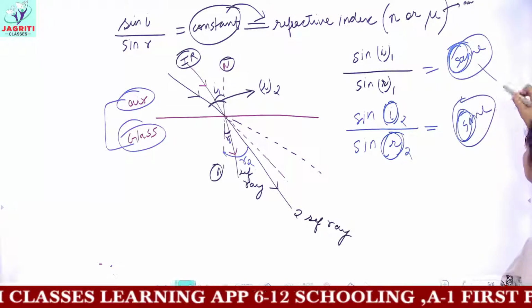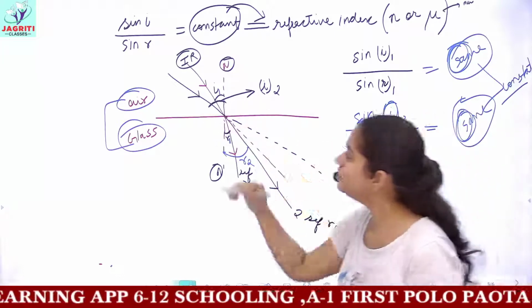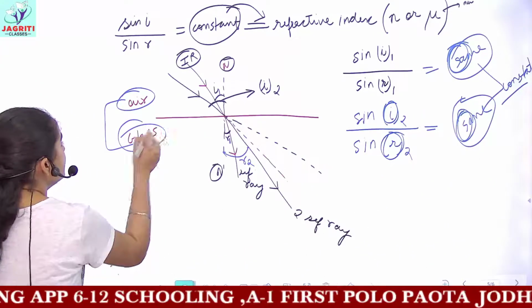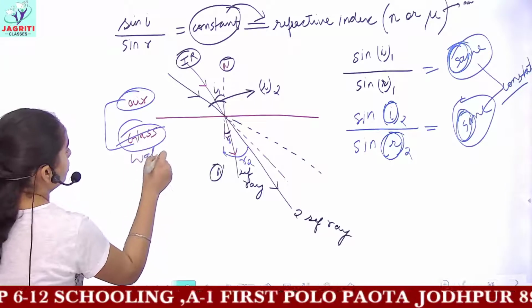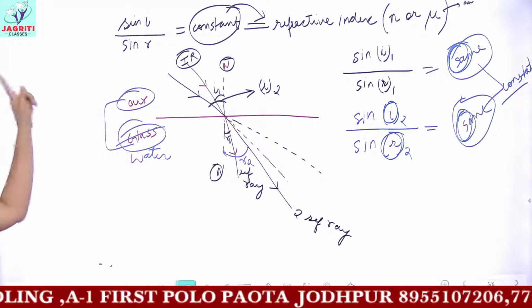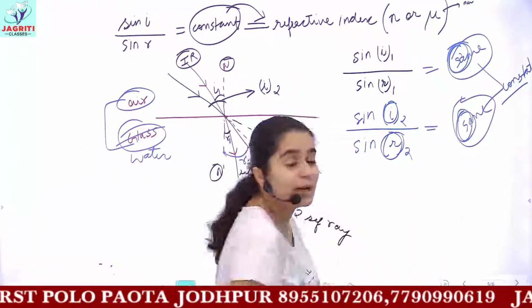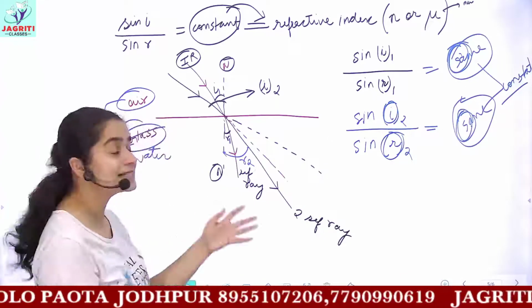That is, this ratio is constant. But if I change the medium, and instead of glass I take water, then the pair of medium is changed, so Snell's law would not be applicable. That is, both answers will not come out similar. So this is Snell's law.